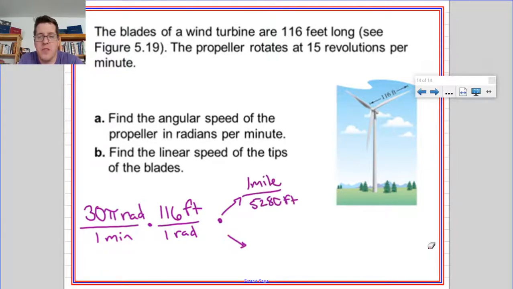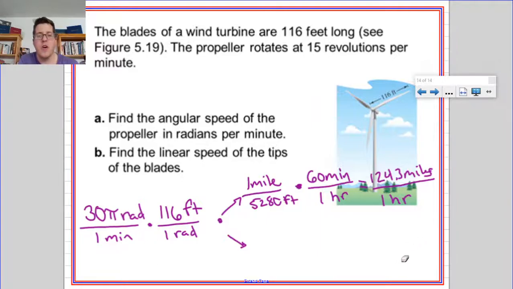If we're going to miles per hour, we're going to need to get to miles. So we're going to need to multiply by the fact that 1 mile is 5,280 feet, and that there are 60 minutes in every hour. If you're having trouble with how to stack those conversion factors, just make sure that if you have minutes on top, you're doing that to cancel out minutes on the bottom, or feet on the bottom will cancel out feet on top.